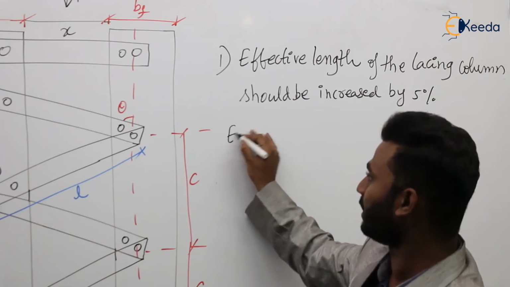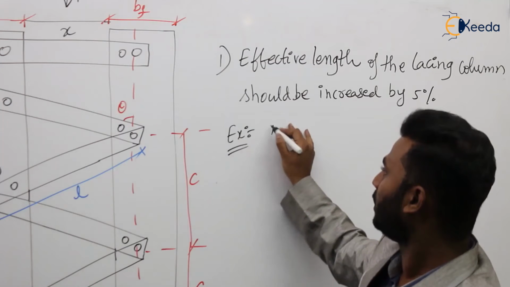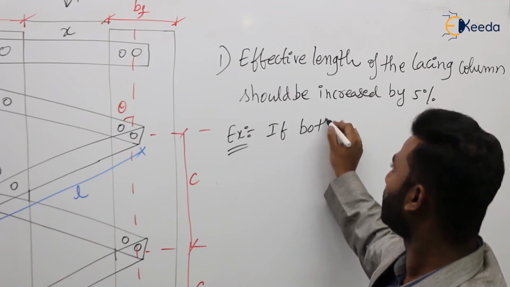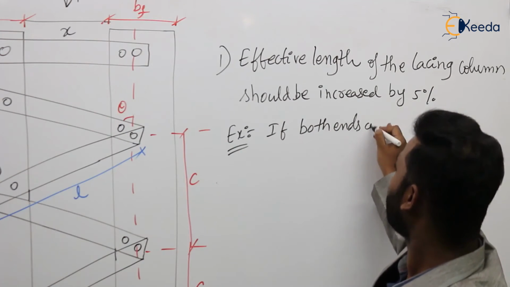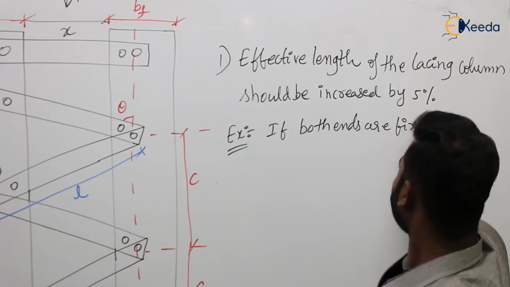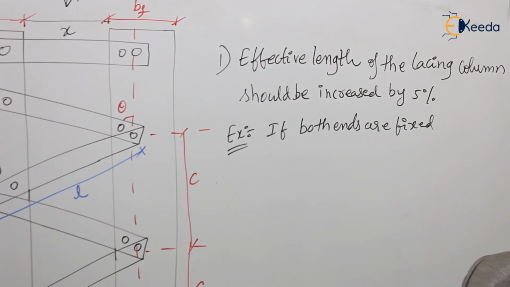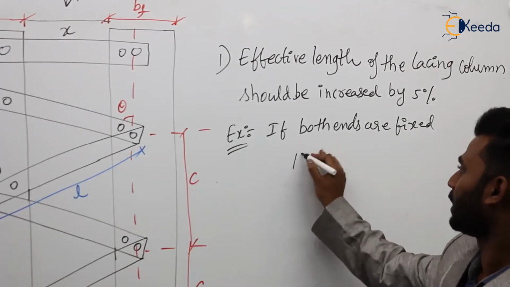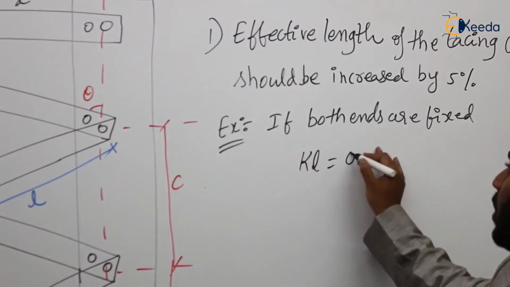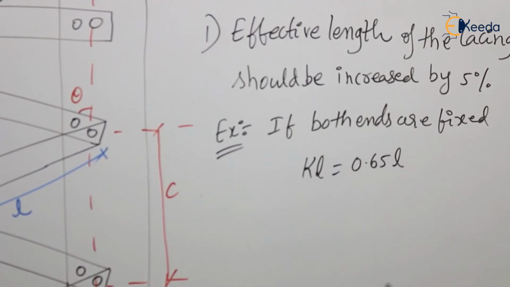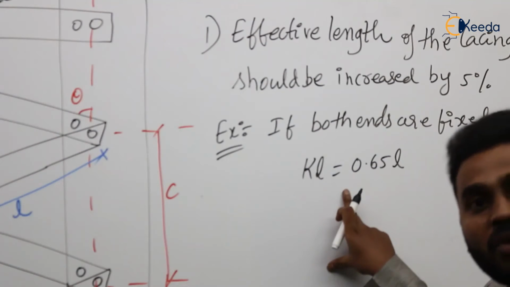I'll explain with an example. If both ends are fixed, what is the effective length, KL? It is 0.65 L. Agree or not? This is the effective length of a column if both ends are fixed.